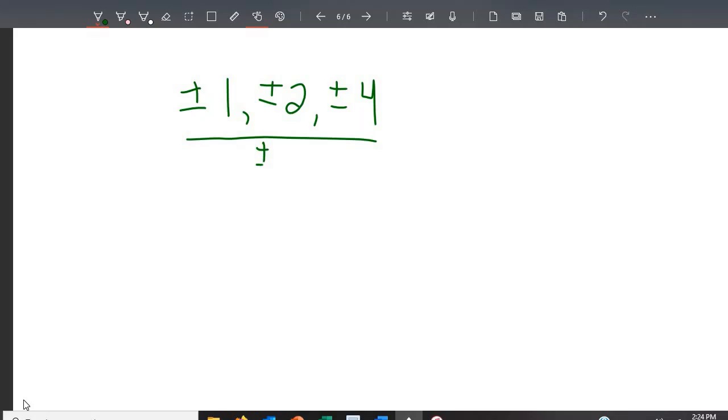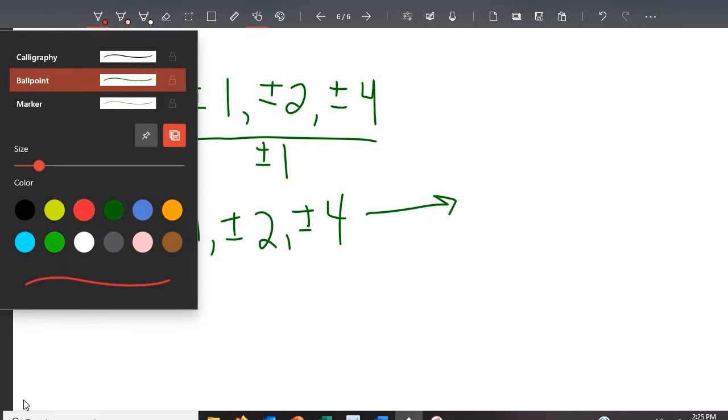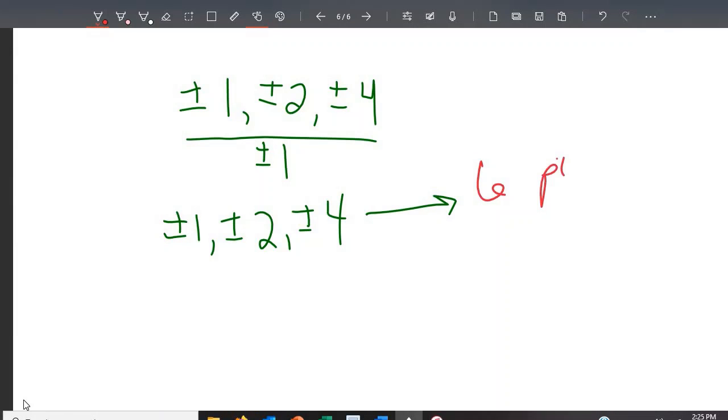The factors of the first number go in the bottom. And it was just a 1, so that's good. Then you take each number in the bottom and divide it into each number in the top. In this case, we're just dividing by 1, so this is what we end up with. Now, I want you to notice I have 6 possible roots because of that plus or minus.